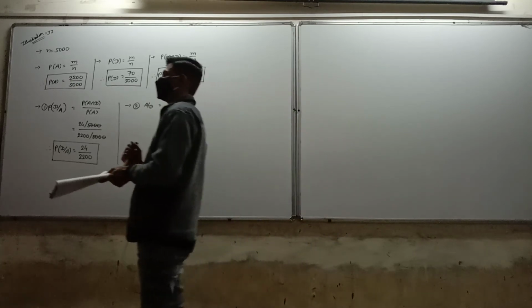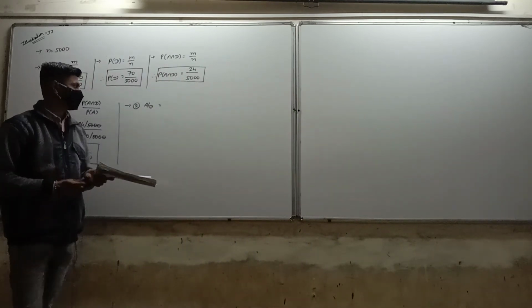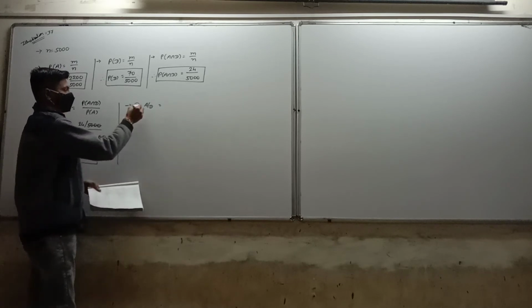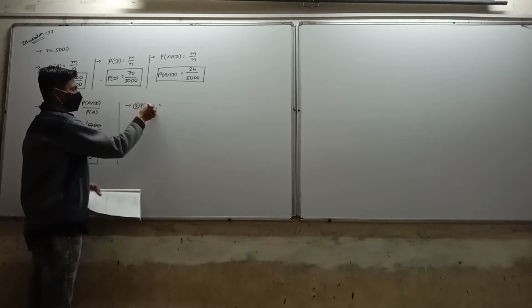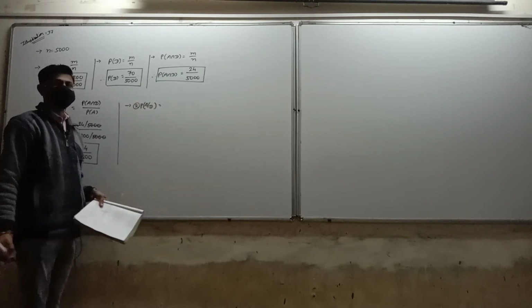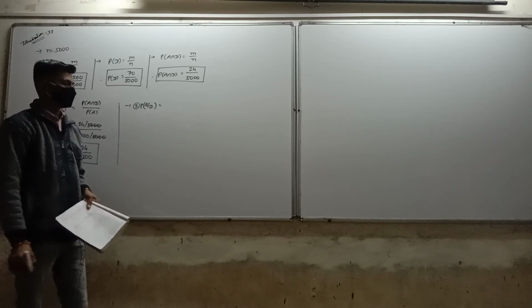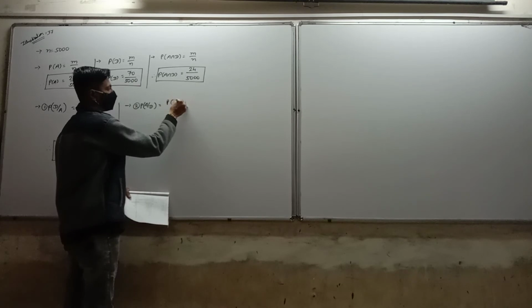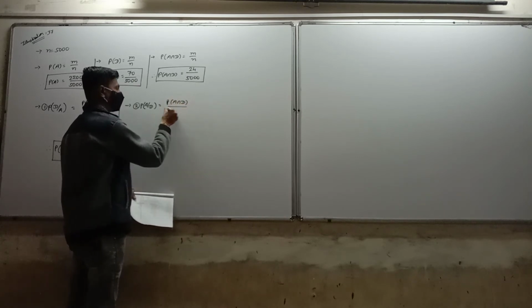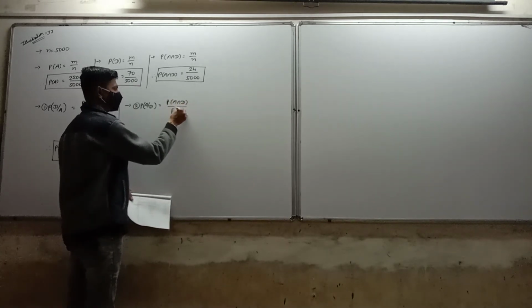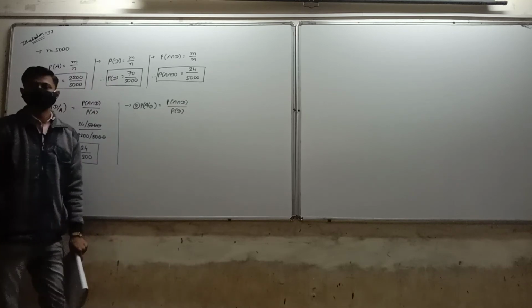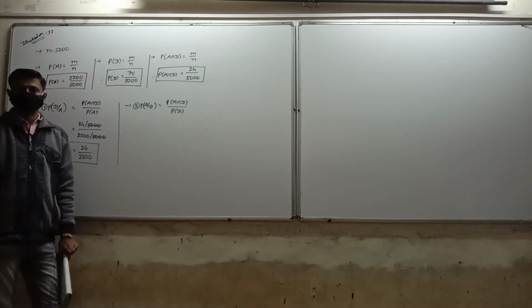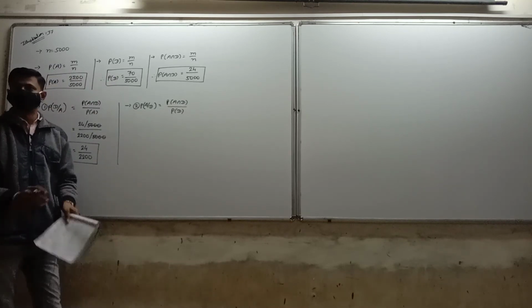New line, write the formula. P of A given that D is equal to P of A intersection D upon P of D. Now next step, putting values.